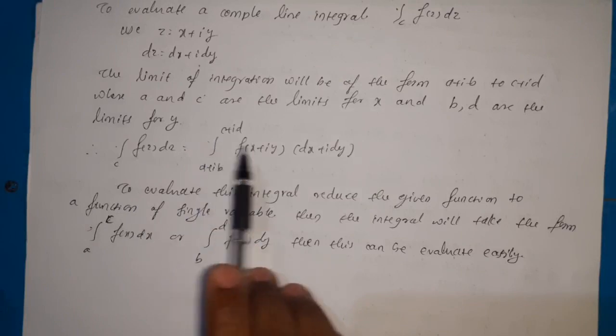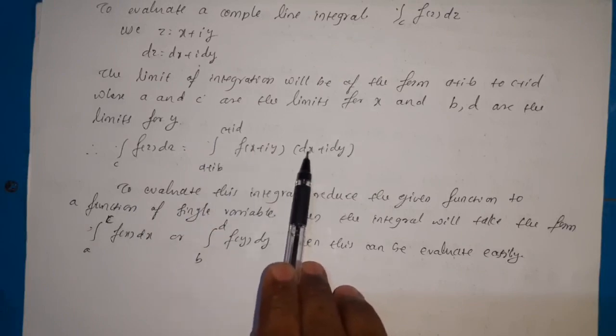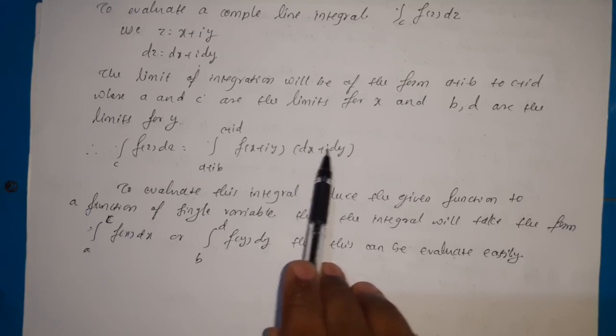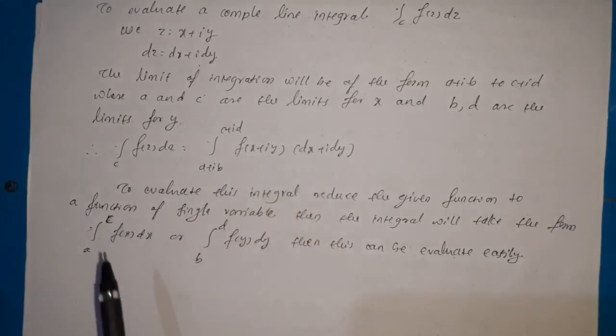So to evaluate this integral, since here it is only one integral sign, but the variables are two, x and y, we need to reduce the function f of x plus iy to a function of a single variable, and then we can integrate with respect to x or y depending on the resultant integral.